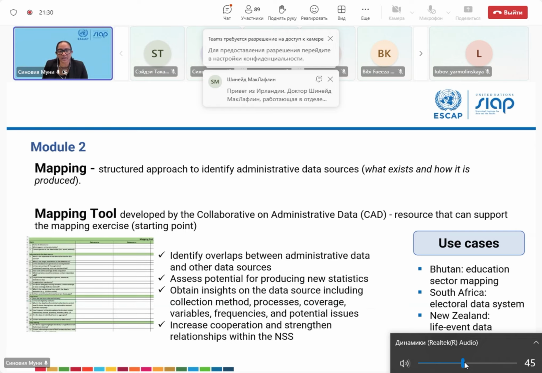So that captures, in a very small nutshell, the key takeaways from the first two modules of the course. And those are the key concepts that you need to at least understand as it relates to working with administrative data.